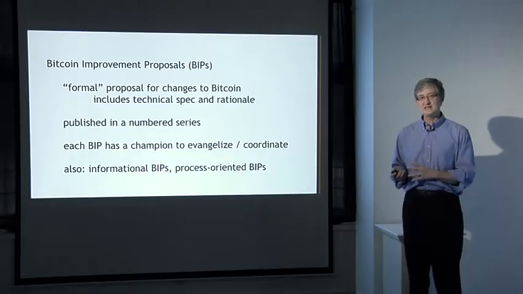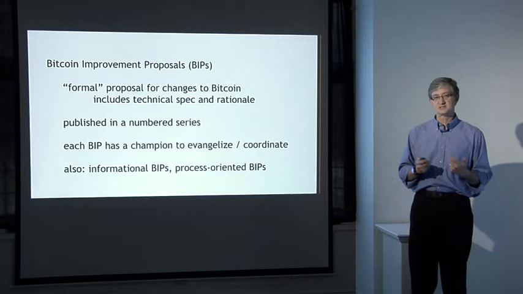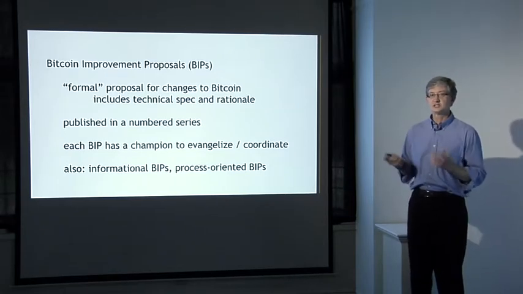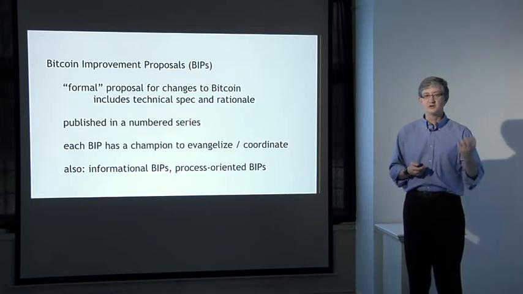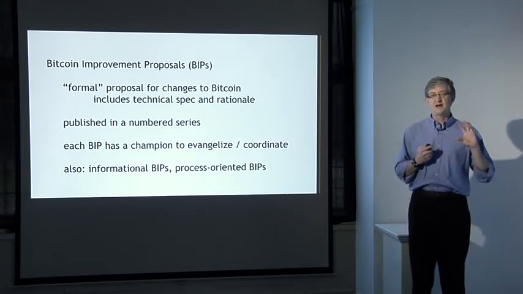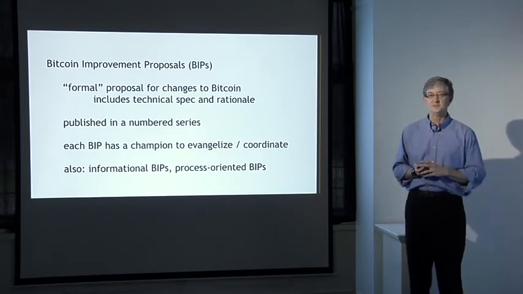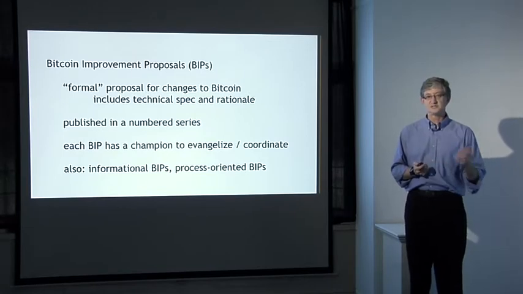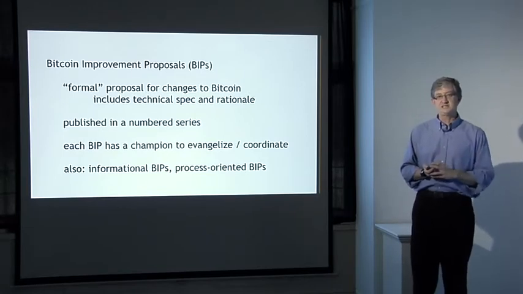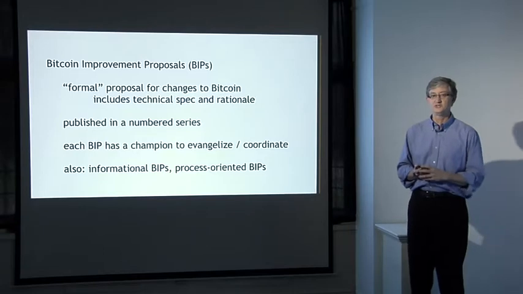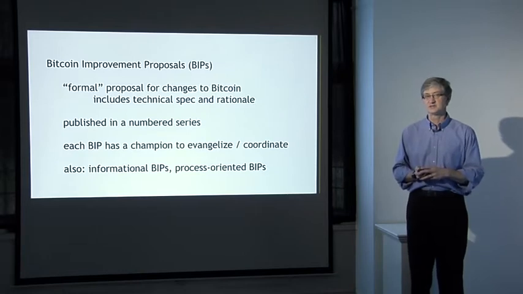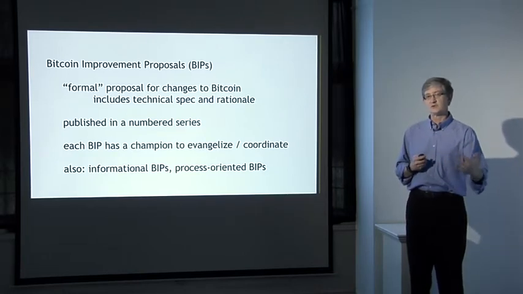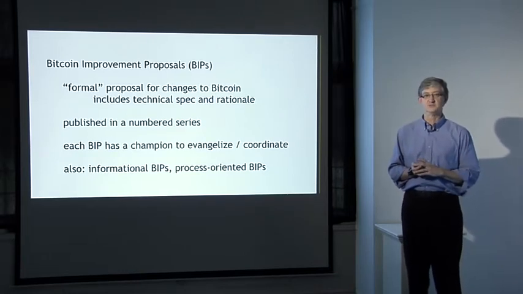So if you have an idea about how to improve Bitcoin by making some technical change, you're encouraged to write up one of these documents, you're encouraged to publish it as part of the Bitcoin Improvement Proposal series, and that will then kick off a discussion within the community about what to do. They're published in a numbered series. Each one has a champion, that is sort of an author whose job it is to evangelize in favor of it, to coordinate discussion, and to try to build a consensus within the community in favor of going forward with or implementing a particular proposal.